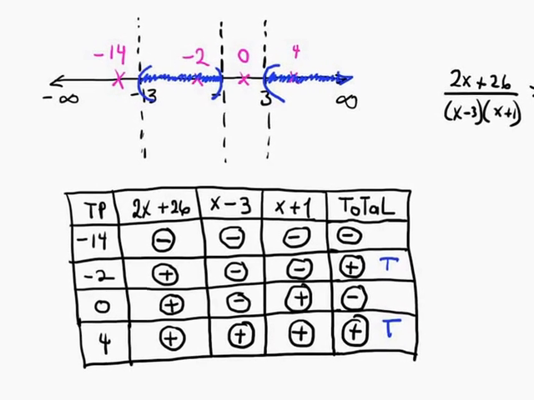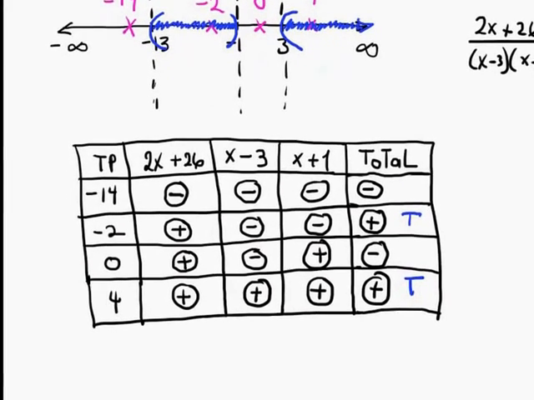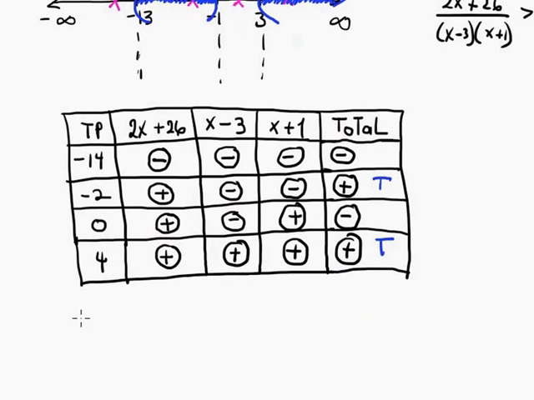And the final answer is then: the solution is the interval between negative 13, comma, negative 1, and of course, not including the endpoints, union the interval from 3, comma, infinity.